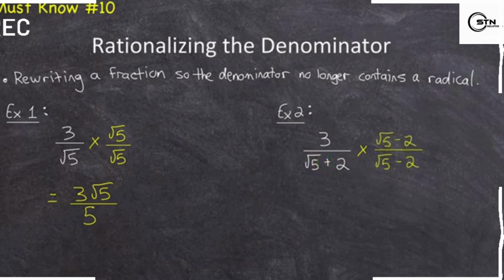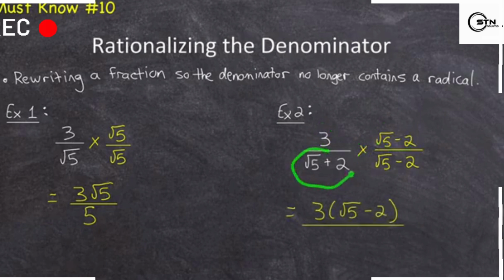And then in the numerator, I have 3 times root 5 minus 2, which I'll just leave as that product. And then in the denominator, I have root 5 plus 2 times root 5 minus 2. That's actually a difference of squares. And in case you don't remember the rule, I'll write it up top here. If you have an a minus b times an a plus b, if we were to expand that out, it would simplify to just a squared minus b squared.